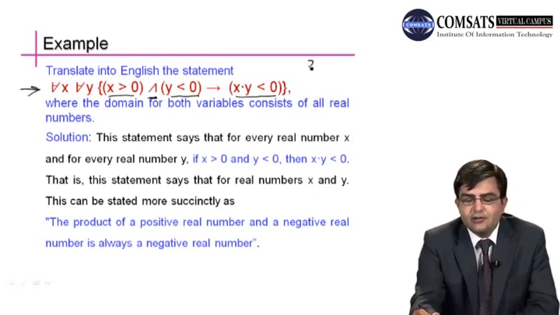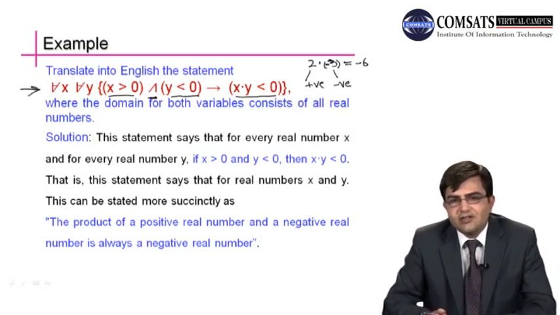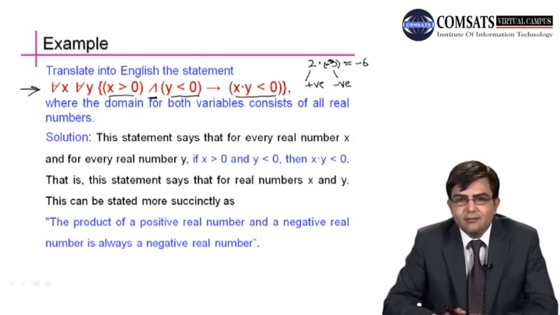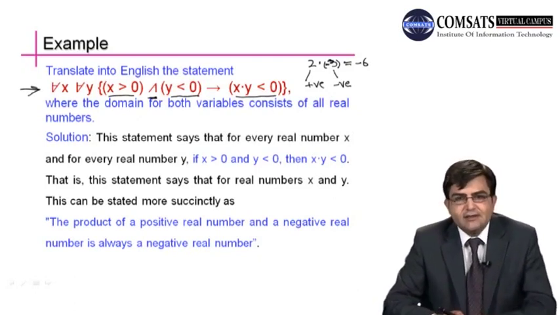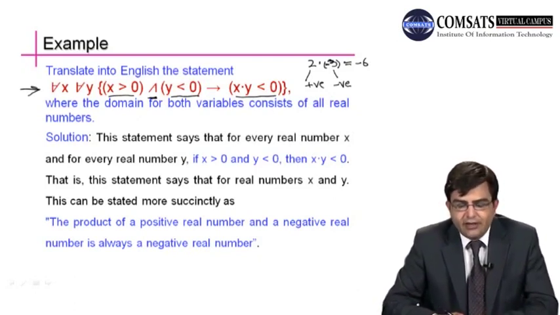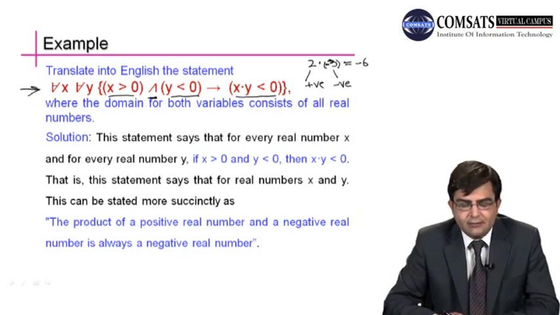For example, if we have 2 into minus 3, then the product is obviously minus 6. So one is positive and the other is negative. So the product of a positive and a negative number is always negative. This is what we have said in this statement, with the domain for both variables being real numbers.